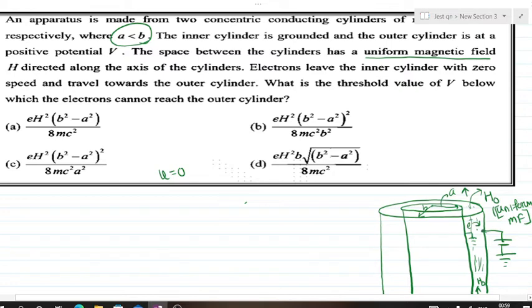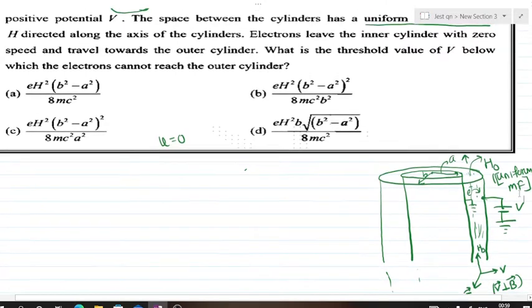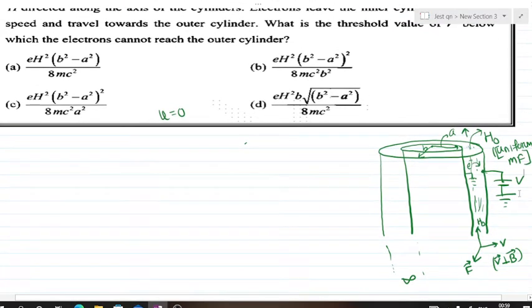That means it can go up to the outer radius b. So let's solve how it goes. We have to calculate the threshold voltage.